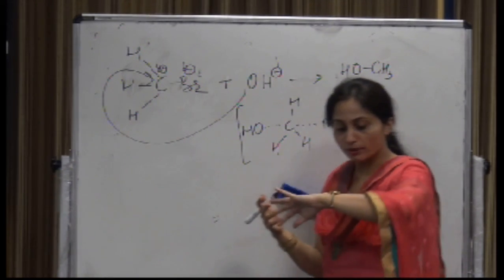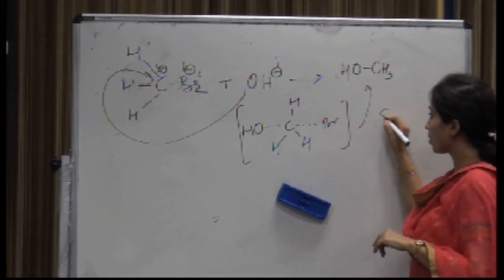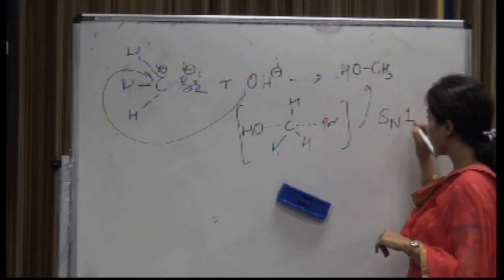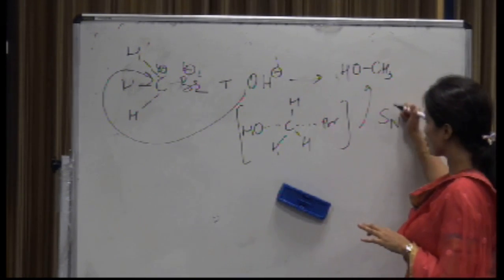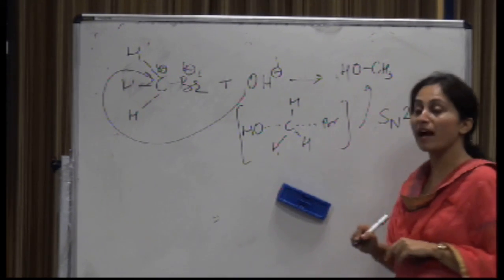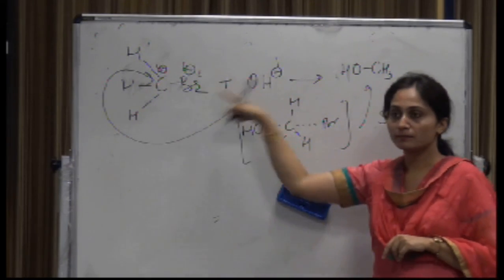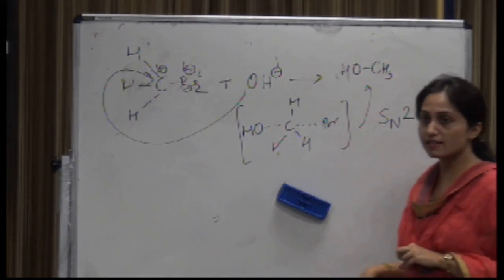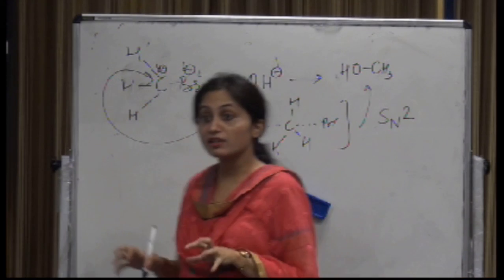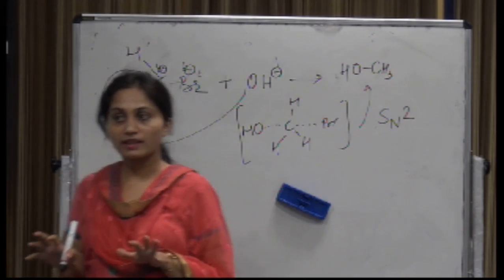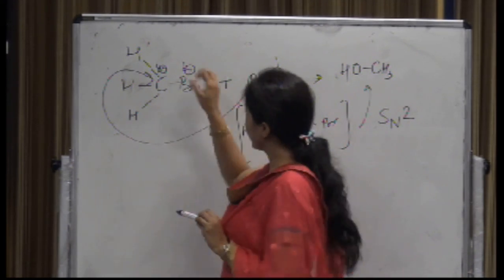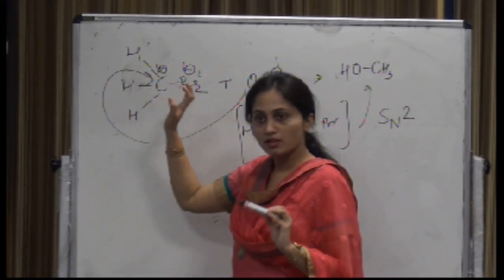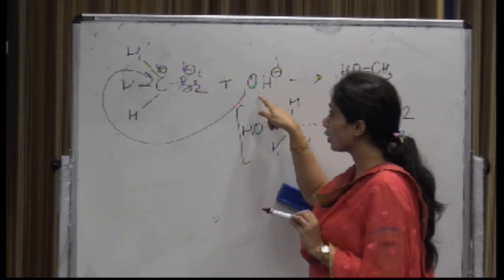Now because you are doing it here, I'll just tell you that this will be called substitution nucleophilic unimolecular reaction. No, this is substitution nucleophilic bimolecular reaction, because two reactants are taking part in the elementary step. Get it? Why substitution? Because bromine left, OH attached, it got substituted. Why nucleophile?